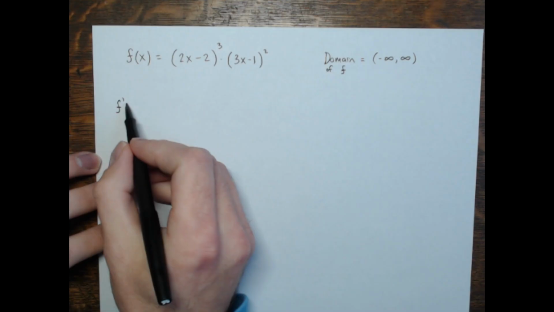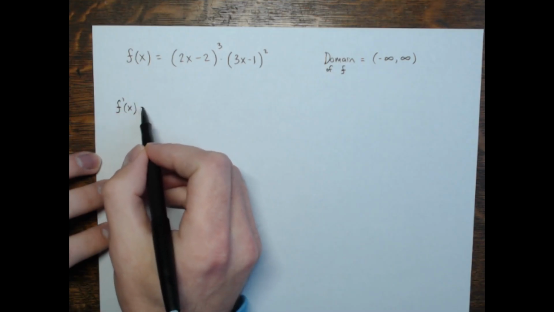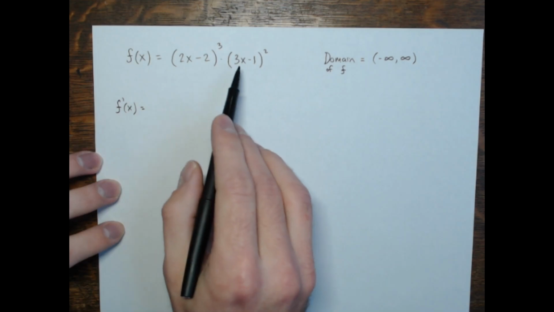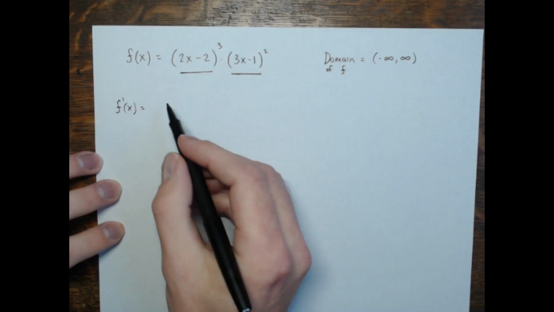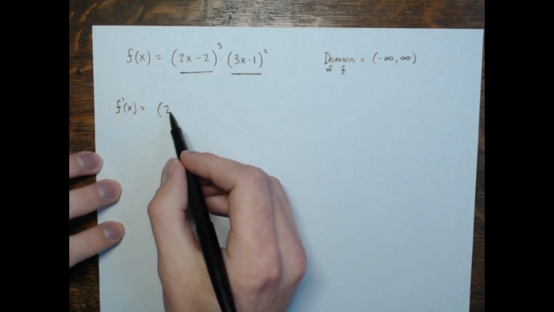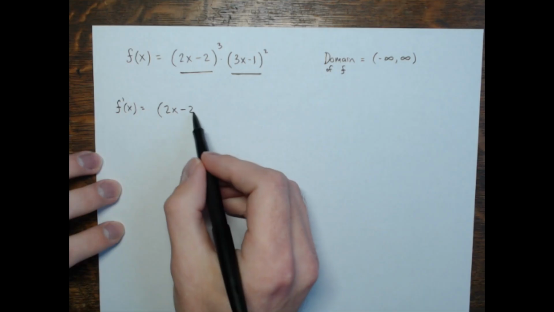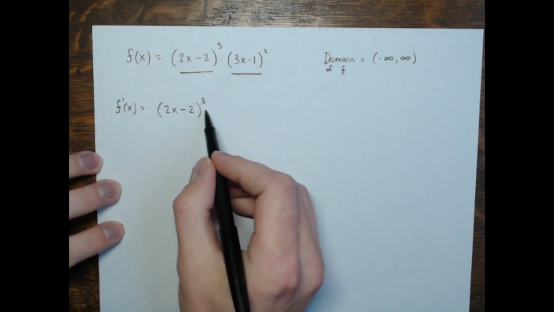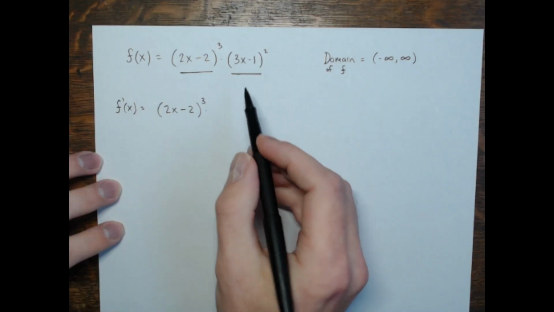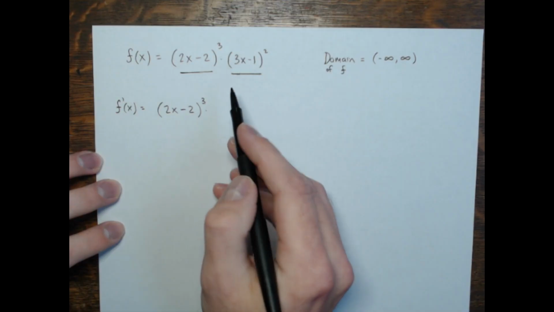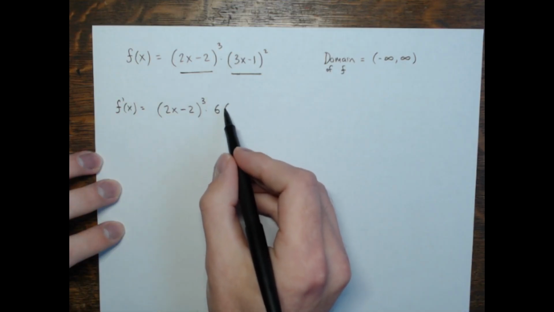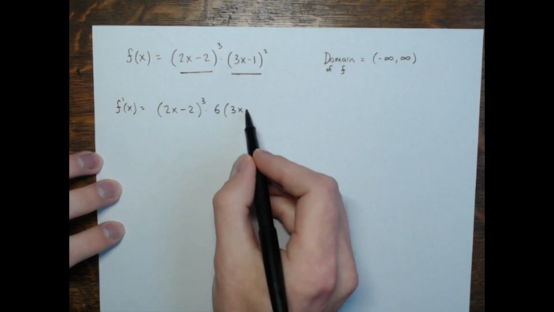All right, so the derivative, going product rule here, so I'll call this the first factor and this the second factor. So remember, leave one of them alone. So 2x minus 2 cubed multiplied by the derivative of the second one. So that'd be chain rule because I'd have 2 times this to the first, but then times 3. So that'd be 6 times 3x minus 1 to the first.